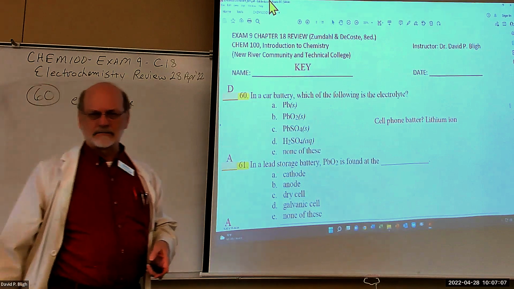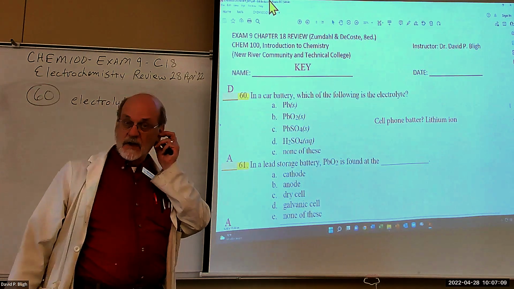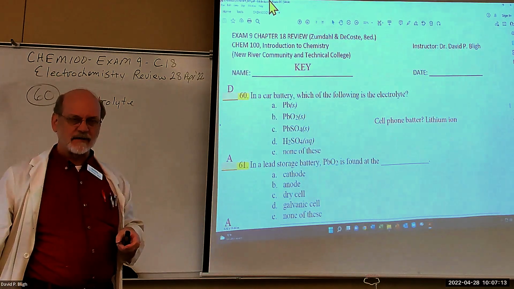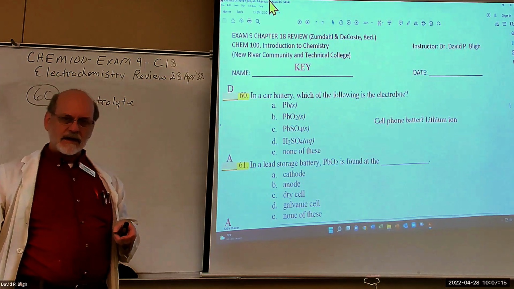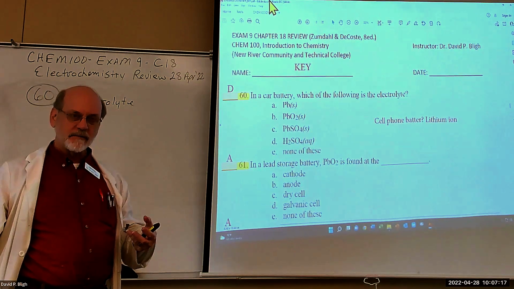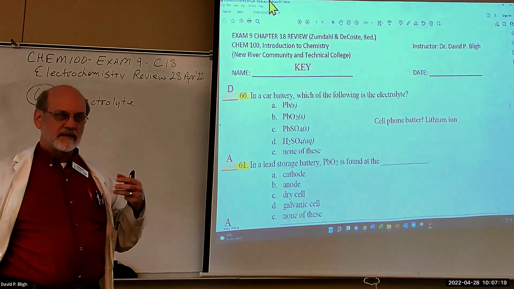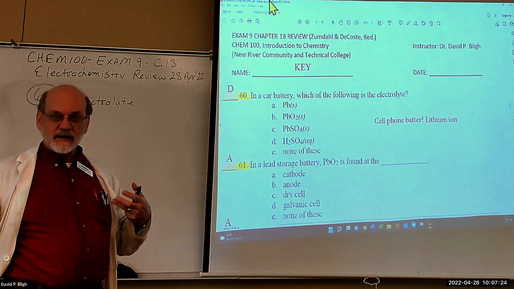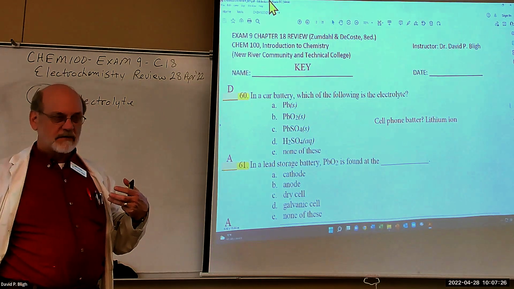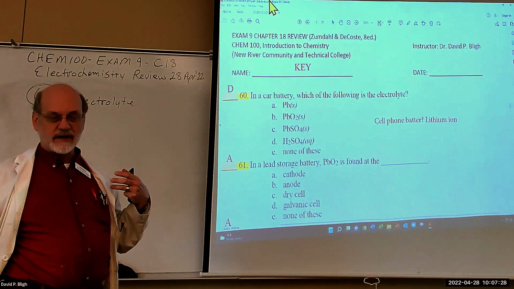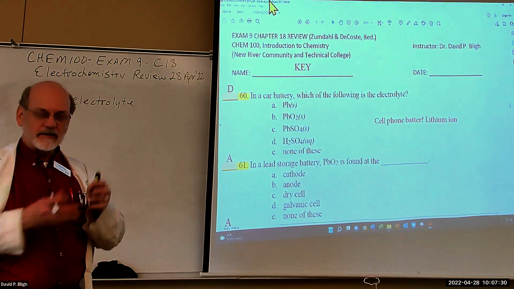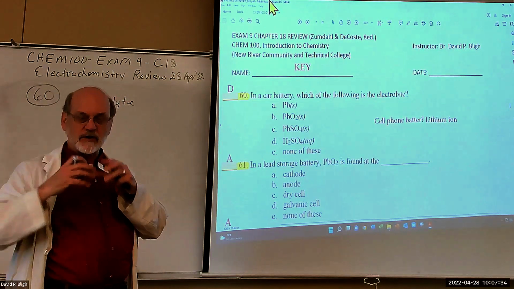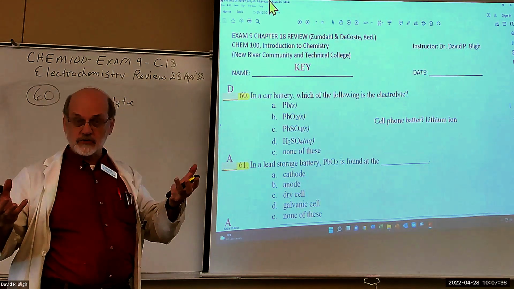Now, why lithium? Well, there's a thing called energy density. And when we're talking about batteries, the holy grail of batteries is a battery with very large energy density. That is, for a given weight of battery, you can get a certain amount of energy out of it. And this is measured in joules.